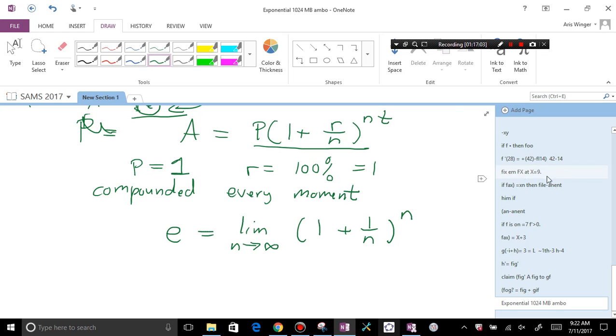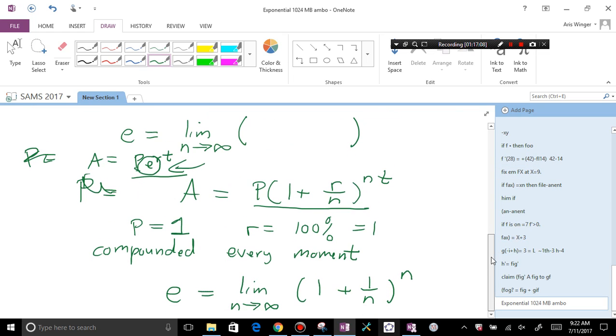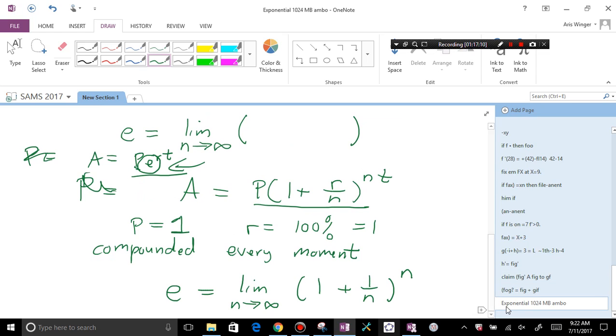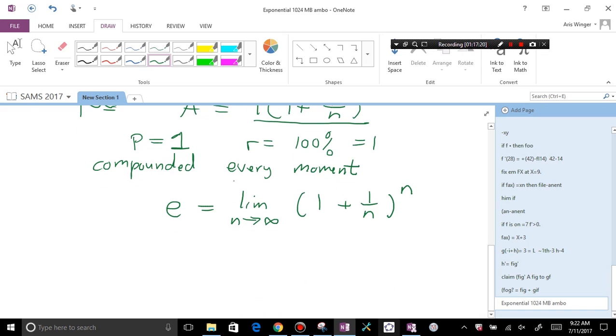And again, it's hinted at by the fact that Pe^(rt) just shows up when you let n go to infinity. So that means that e and this limit are related. In general, e to the r is the limit as n goes to infinity.